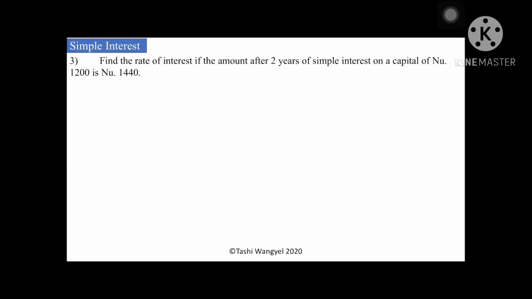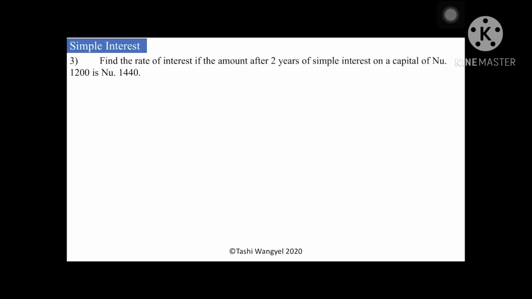The next question: find the rate of interest if the amount after 2 years of simple interest on capital of 1200 is 1440.